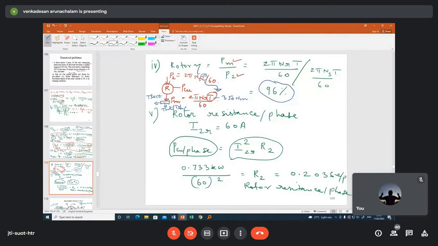Rotor copper loss per phase we already know, that is 0.733 kilowatts we have computed. And the rotor current is 60 ampere. So if you divide 0.733 kilowatts by 60 squared, you will get the rotor resistance per phase. So 0.2036 ohm per phase. Is it clear?